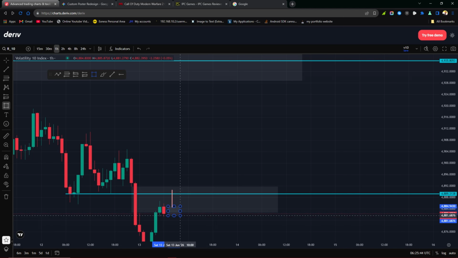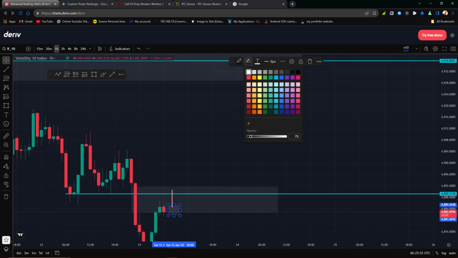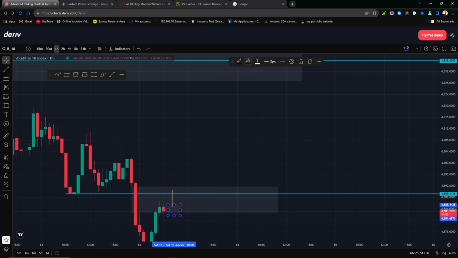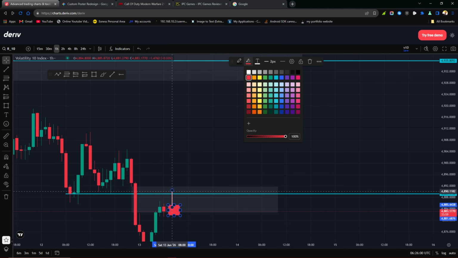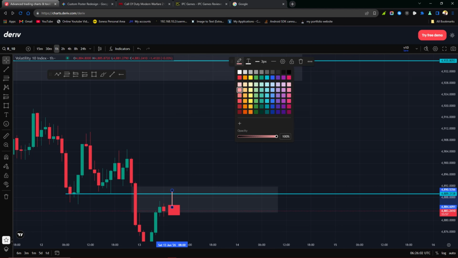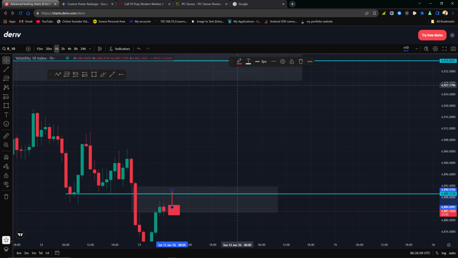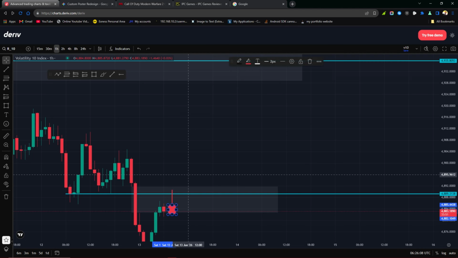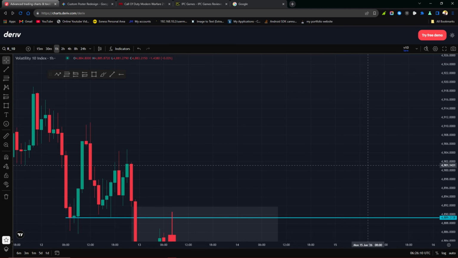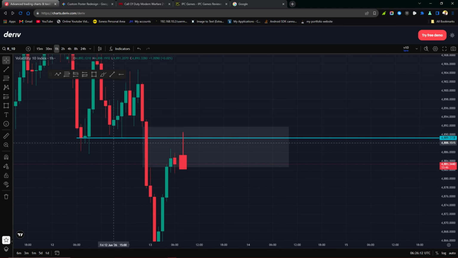Price to give me something like this, a bearish one. Sorry guys. Let's change the color of this to red. Okay, sorry. The hammer is wonderful. So I want price to give me something like this on this key level.